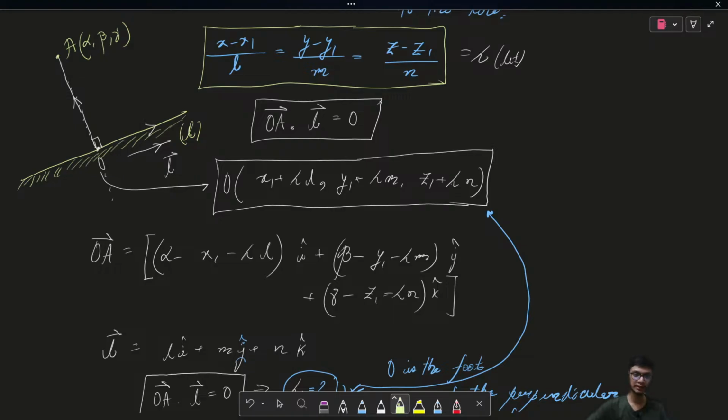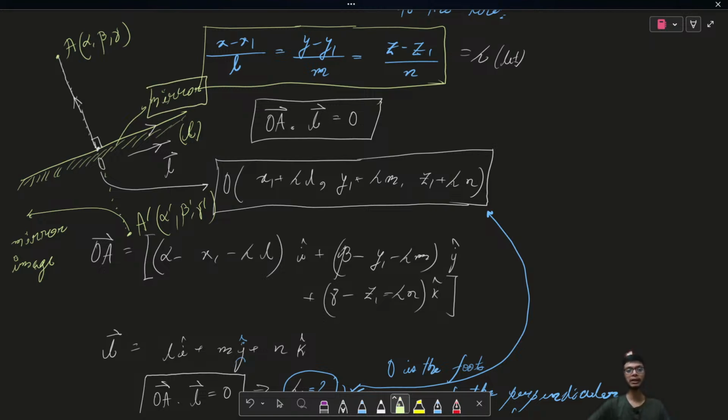So let us say this is A dash, which is given as alpha dash, beta dash and gamma dash, which is my mirror image, and this is my mirror, right? So once I consider this as my mirror and the point A, to find out the mirror image of point A, which is A dash, this can be easily found by using this simple midpoint formula.